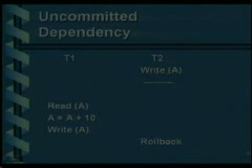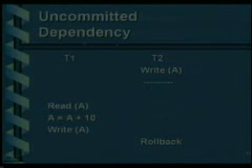T2 writes a value A, goes on to do some other work. Meanwhile, T1 reads the new value of A, modifies it, writes it back. Unfortunately, T2 does a rollback. If T2 does the rollback, what happens?